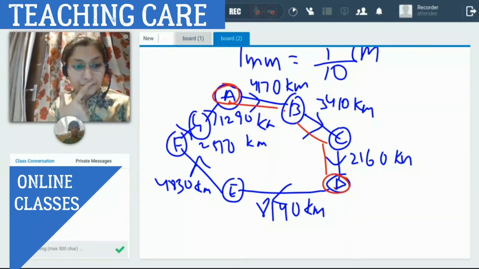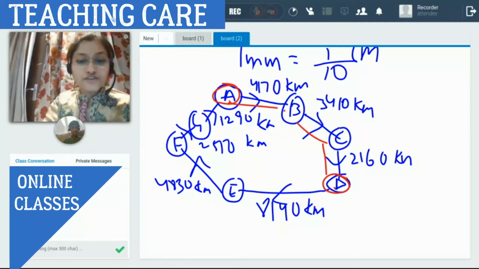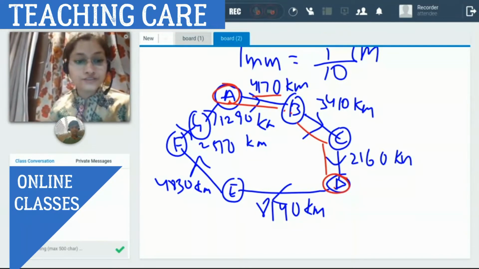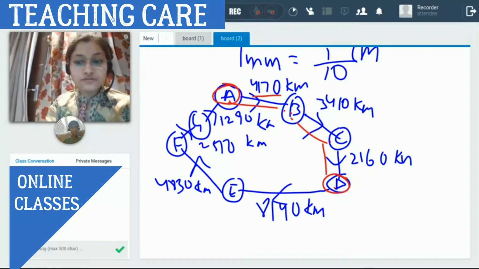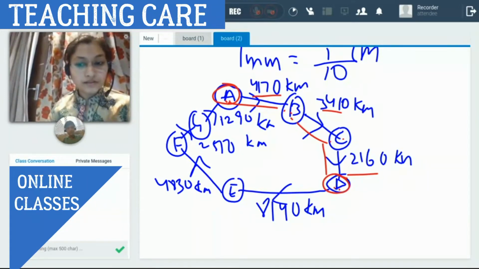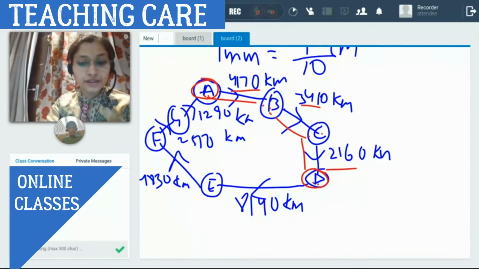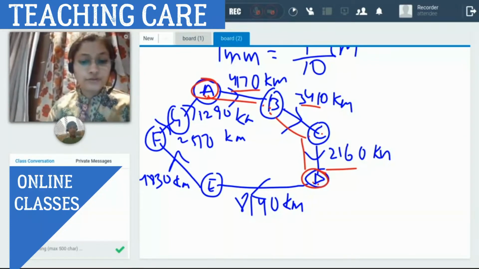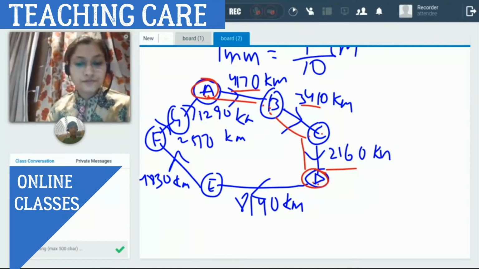I mentioned that the bus has traveled A to B 4,170 kilometer, then B to C 3410, then C to D 2160. So if I ask you how much the bus travels from A to D, you can calculate it. What will be the total distance traveled by the bus from A to D? 7,580.